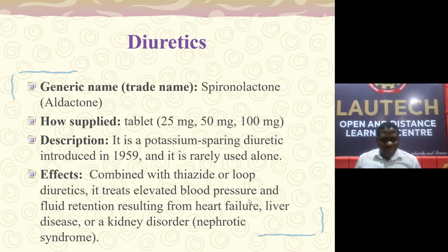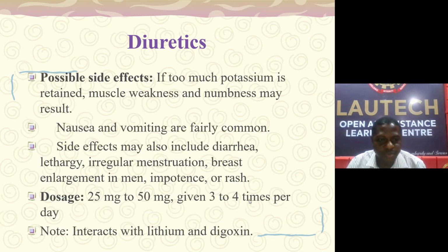The effect, combined with thiazide or loop diuretics, treats elevated blood pressure and fluid retention resulting from heart failure, liver disease, or a kidney disorder, nephrotic syndrome. Now, the side effects: if too much potassium is retained, muscle weakness and numbness may result.